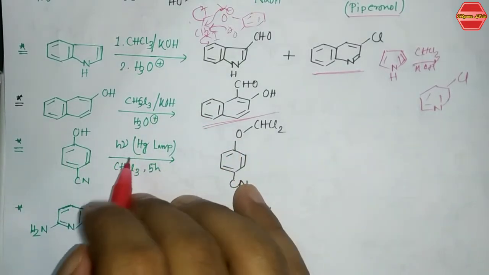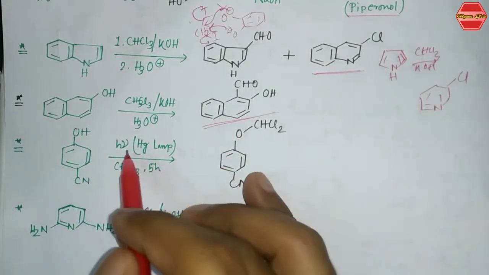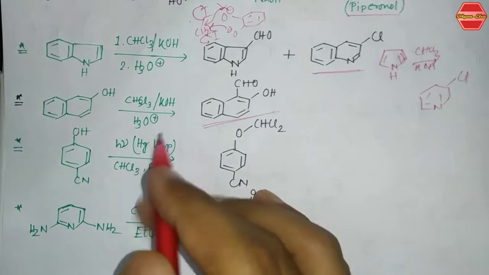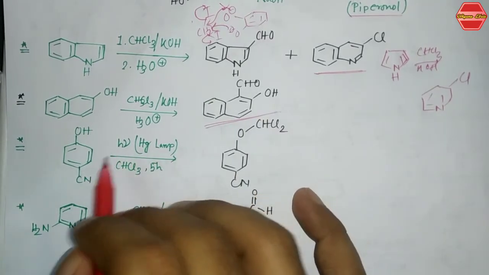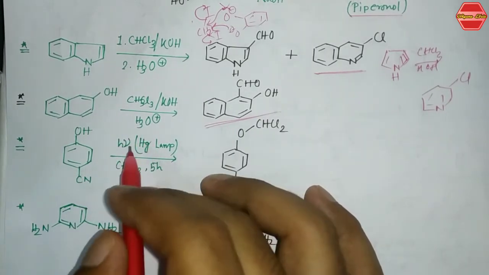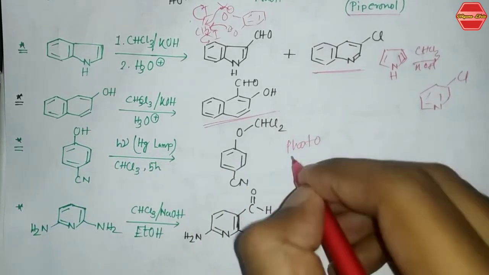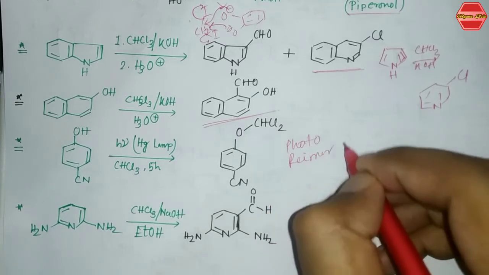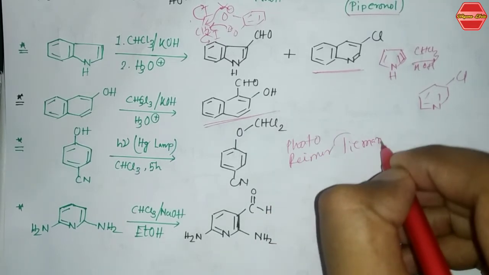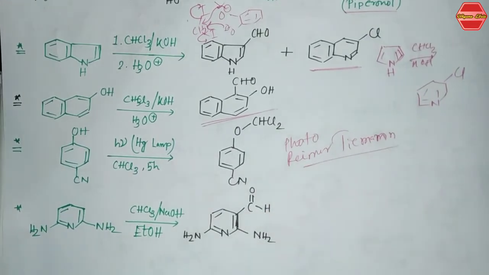Another important thing is that when you are using this substrate and hν, you can see here we are not using any base, instead of base we are using the hν condition. So this is called the photo Reimer-Tiemann reaction.